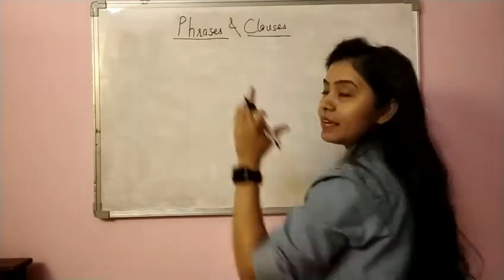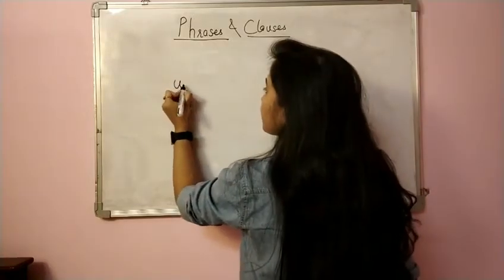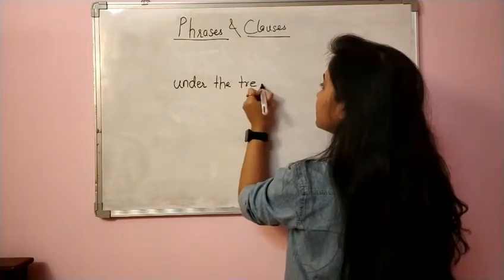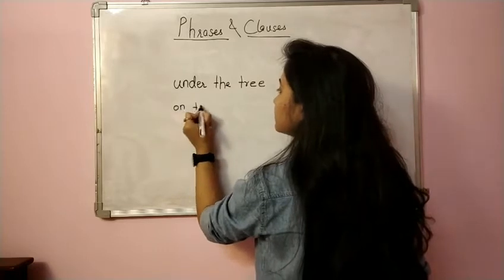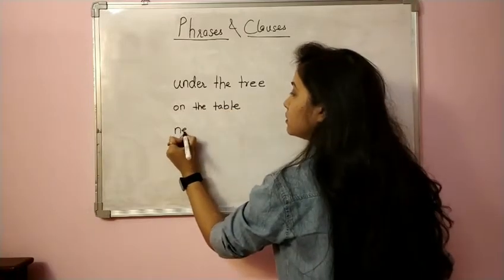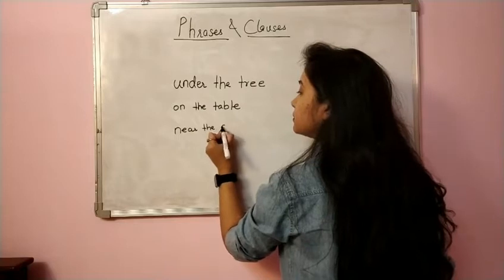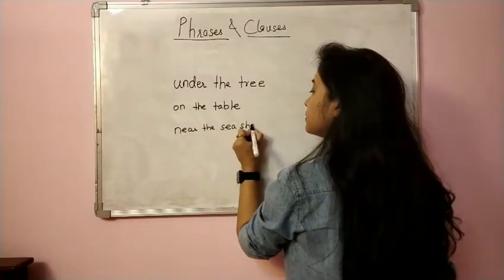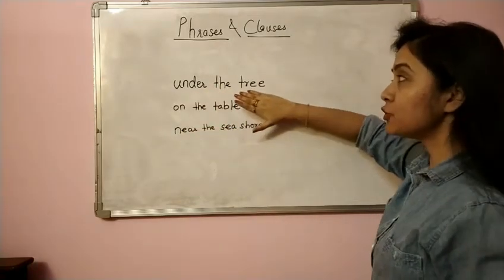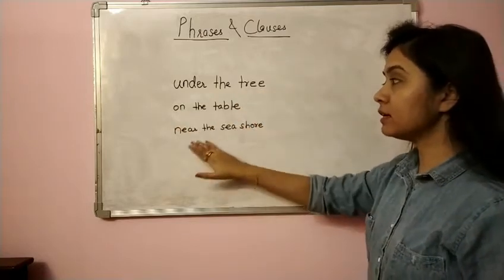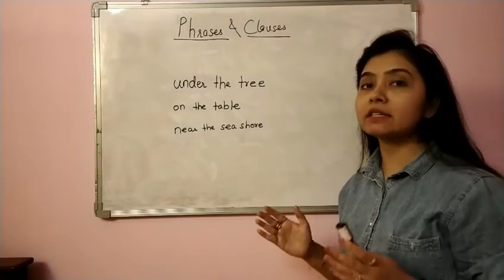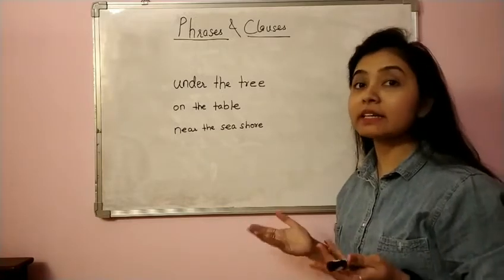So first of all, we'll discuss what are phrases. Now, when we read these groups of words like under the tree, on the table, near the seashore, we get some meaning, like under the tree, tree के नीचे, लेकिन क्या tree के नीचे?